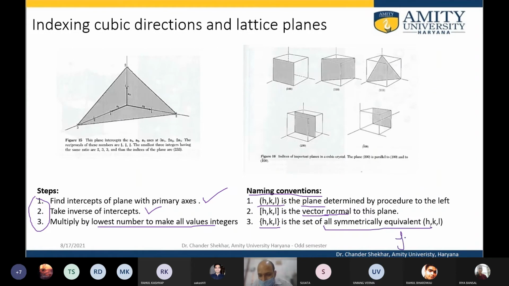That means we're talking about a family of planes. And if it is like this, then there is a family of directions. So H, K, L, there is a family of normal vectors.